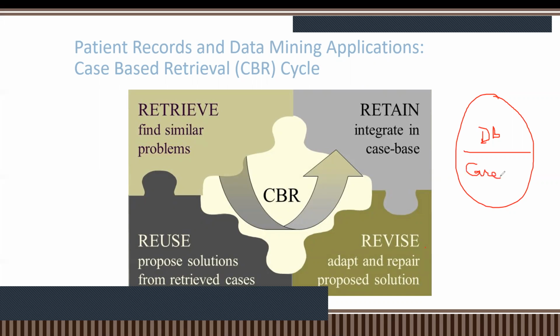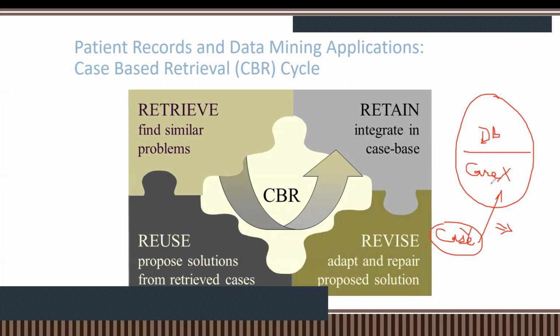Okay, and whenever a new case comes in, we compare this case with the cases which are already there, and we can propose a diagnosis if there are some similarities found. Let's say this is case X, this is case Y, and the cases are similar.